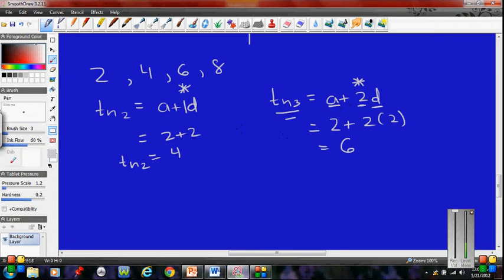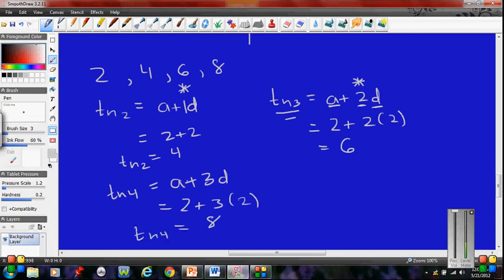Now, if you still don't get it, let me do one more. So if we have tn4, it's going to equal a plus 3d, because we are adding 3 times. So now we have not a anymore, 2 plus 3 times 2, it's equal to 3 times 2, 6, plus 2, 8.